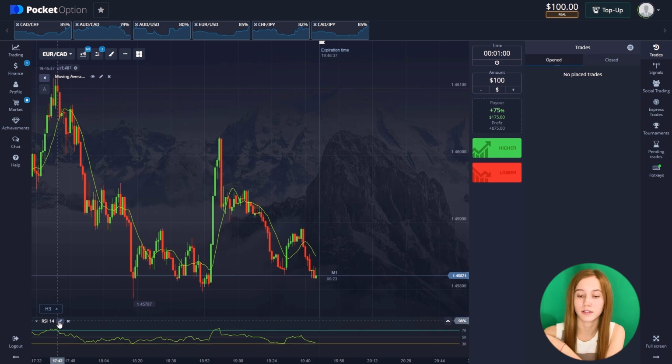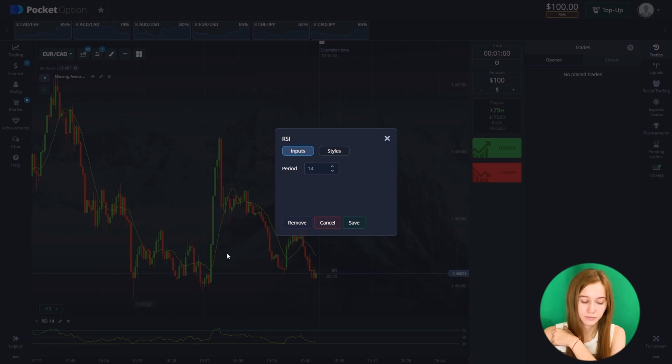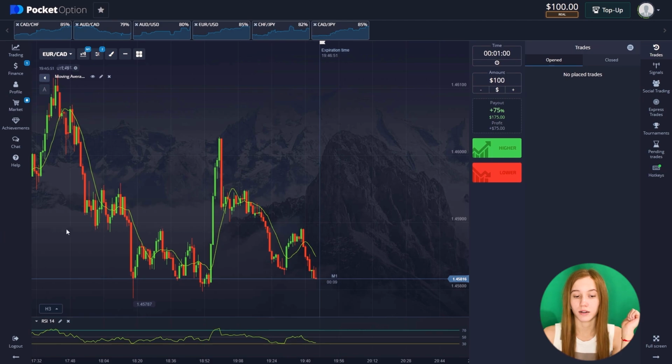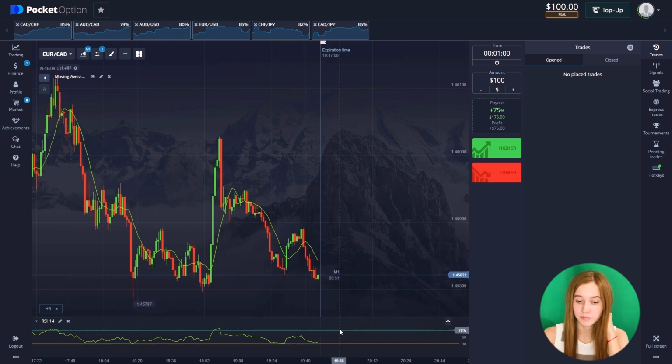Now the RSI indicator, with its settings at the bottom of our screen. This is a tool that measures the ratio of upward and downward movements and standardizes the calculation so that the index is expressed from 30 to 70, with an upper zone and a lower zone.